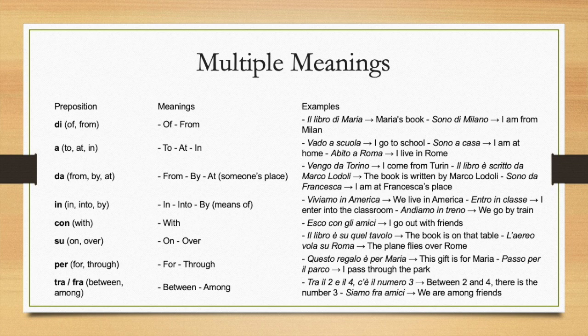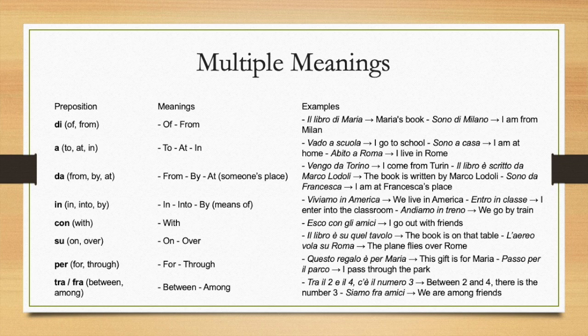You're going to learn how to work with the verb venire in this unit. Da can even express an agent in a passive voice. For example, il libro è scritto da Marco Lodoli, the book is written by Marco Lodoli, but it can also express someone's place.